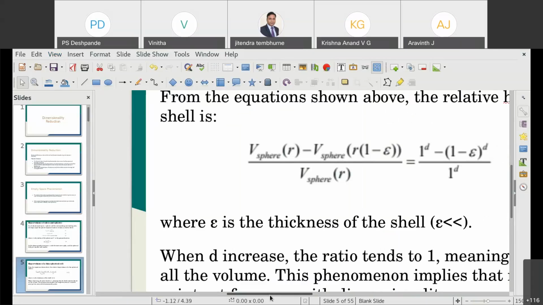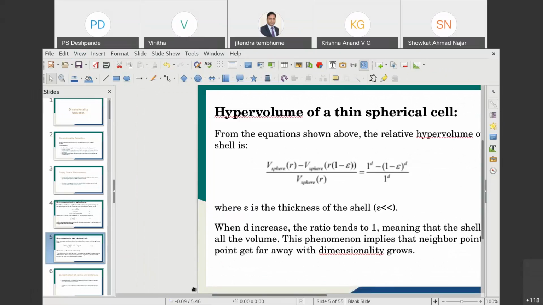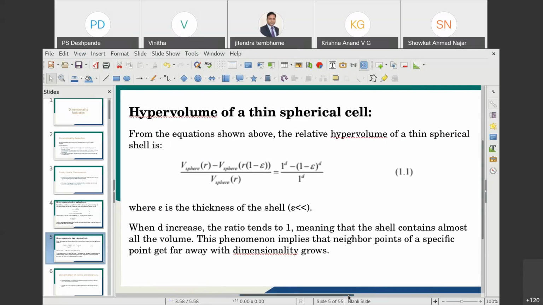Sir, half is visible because the size is increased to 150. Actually, I zoomed it because the full slideshow is having some problem. Sir, you can convert it to PDF and show that PDF. Sir, you can set the zoom level to 100%. I think now it is visible, right? Yes, sir.